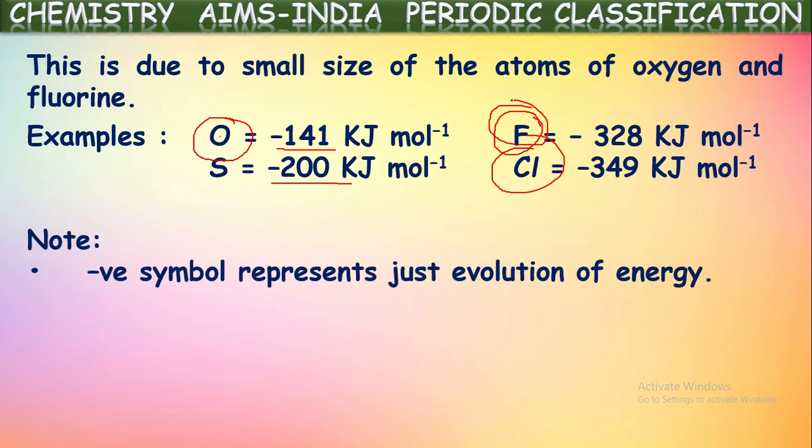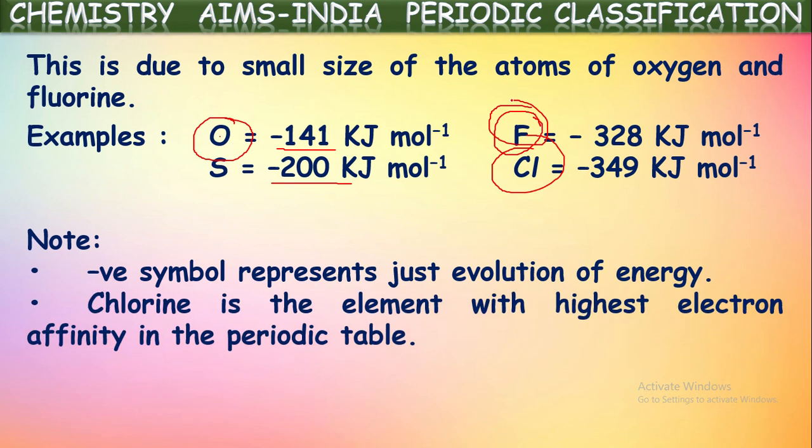One point you have to note here: the energies are represented with negative symbols. That represents just the evolution of heat energy. These are exothermic processes, as we all know, so the amount of energy is released, and that is represented by the negative symbol. Among all the elements in the periodic table, chlorine is the element with the highest electron affinity.